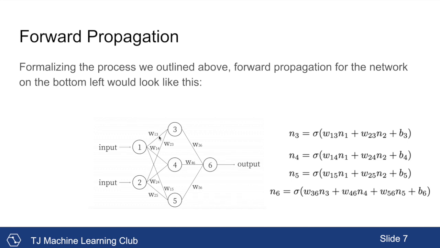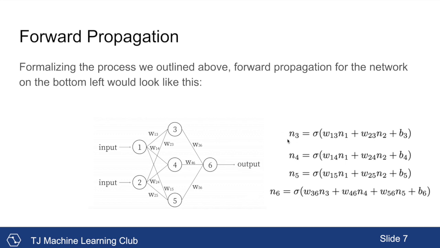W1,3 is the weight corresponding to this input and this neuron, and we multiply that by input 1, and that's all here. We do the same thing for the second input, and that's all here. And then we add the bias terms. I haven't drawn in the bias terms here, but just know that they are there.